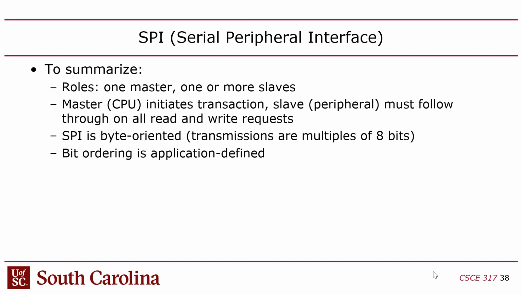It's not a parallel bus. So you send bits in groups of 8, but the order of those bits depends on the application, and that's something you have to know before you start using it. It's not encoded in the spec. If you want to talk to a new peripheral, you better check which bit ordering that peripheral uses before you start speaking SPI to it. Does that make sense? Okay.